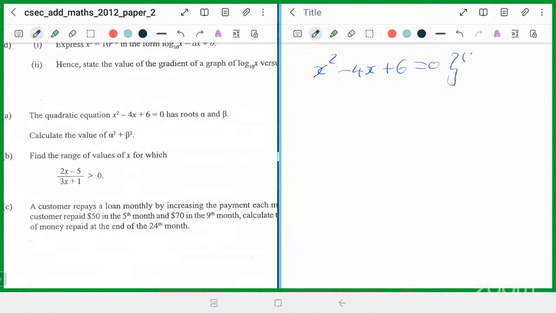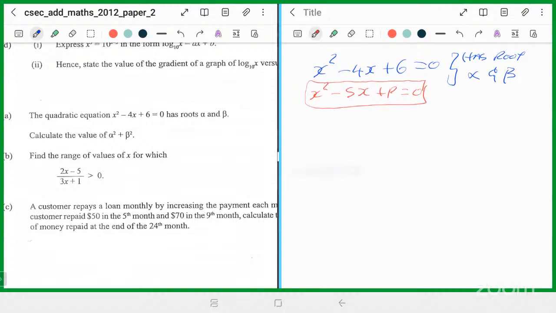This has roots alpha and beta. Now look at this equation. This equation is already in the form x squared minus sum times x plus product equals 0. And the sum is already 4. The product is already 6.